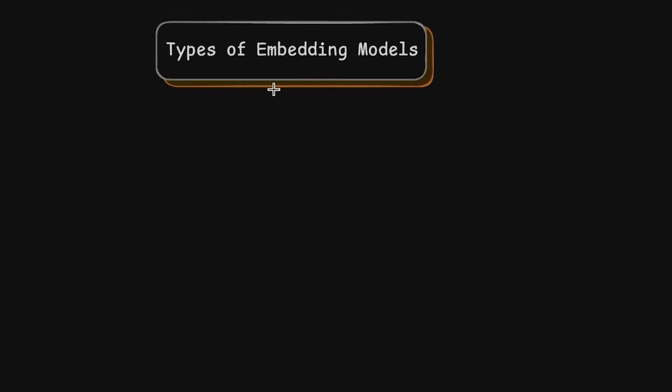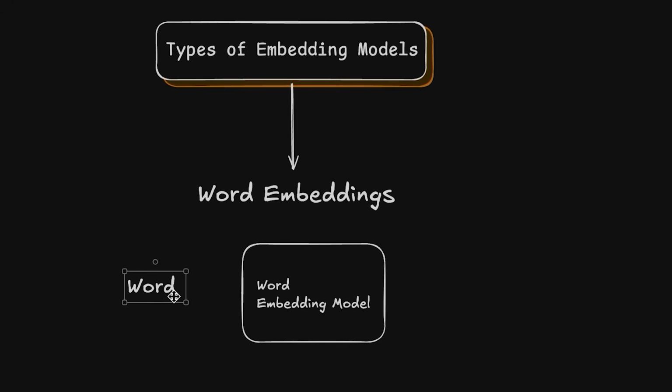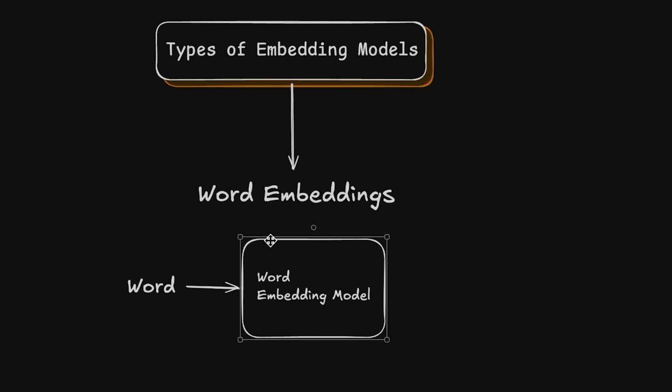The first type is where it all started, with word embeddings. So the first type is word embedding models. What a word embedding model does is take a word as the input, and the output is some embeddings, some floating point numbers.